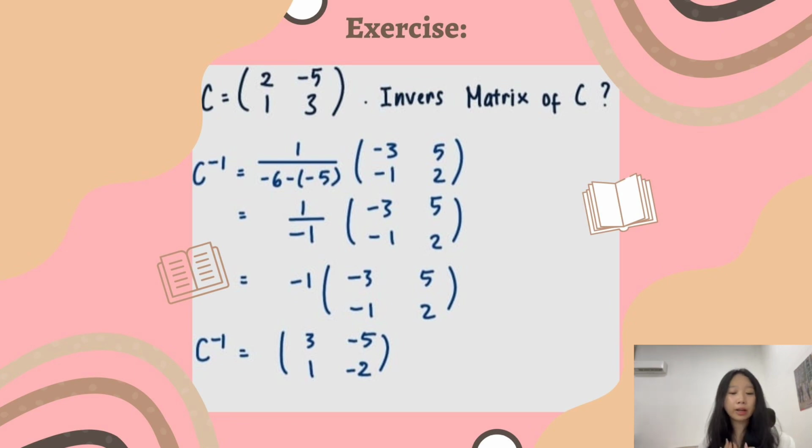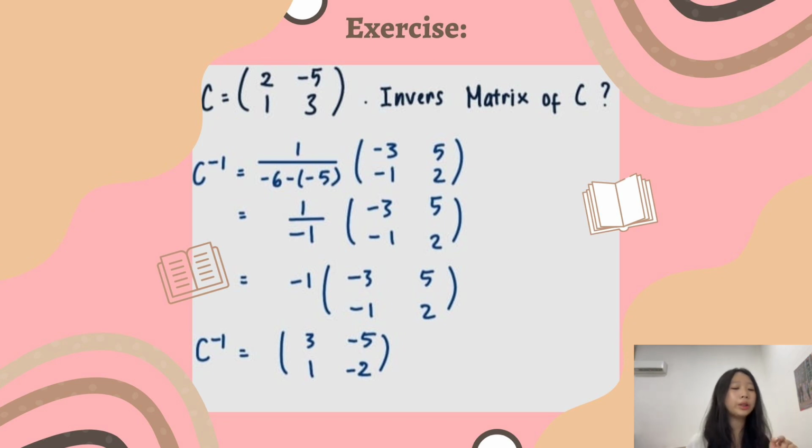For my part, I'm in charge of 5 examples and their explanation about the matrix. For the first example, we have to find the inverse matrix of C, which we symbolize as C to the power of -1.